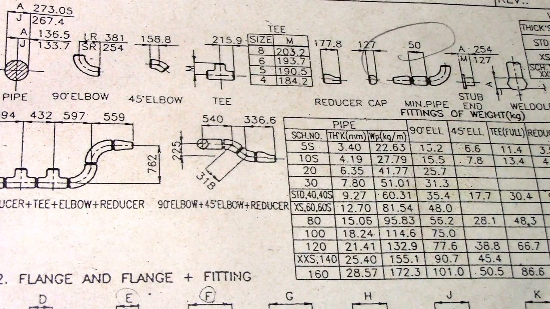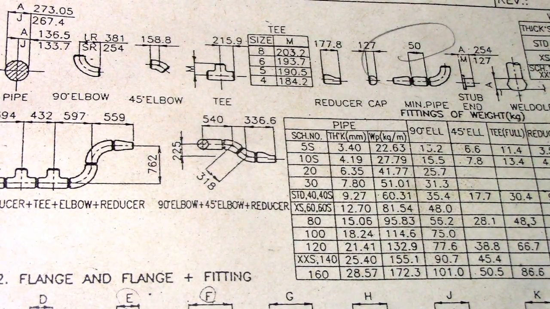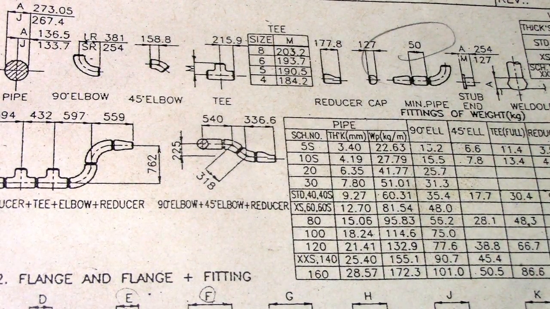So again, this is piping design data, 10 inches NPS, and piping part dimension and weight. 10 inches is equivalent to 250 millimeter.